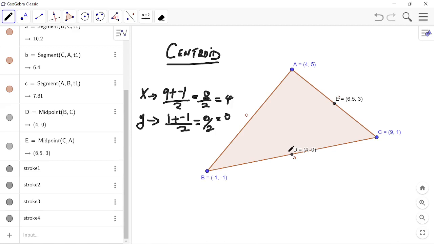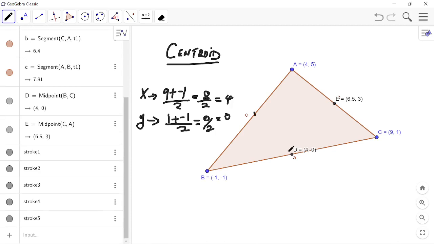You do the same to AC, where you are going to get 6.5, 3. You can also do one for AB, where you can also get the midpoint. So why have I used 2? For us to get the centroid, you only need two sides. You don't need the third side. So what else do you do?